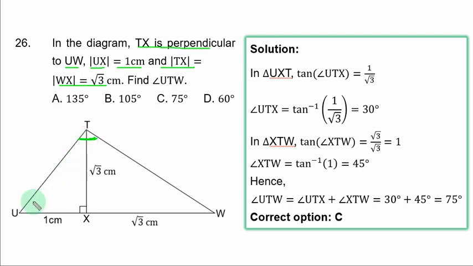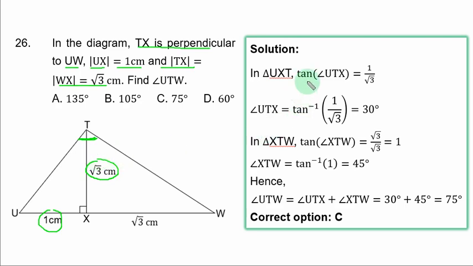So you have a right angle triangle. If you are to get this angle, this is the hypotenuse. You have opposite and adjacent. The given sides are opposite and adjacent, so it is tan that defines that.